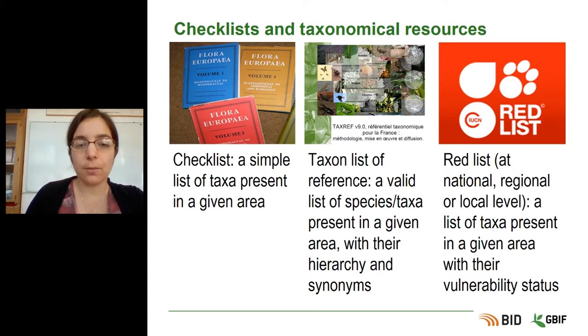You can also have some taxon lists of reference, which are valid lists of species or taxa that are present in a given area, just like checklists, but with hierarchy and synonyms. And then you also have red lists that can work at national, regional, or local level, and that are lists of taxa present in a given area with their vulnerability status.